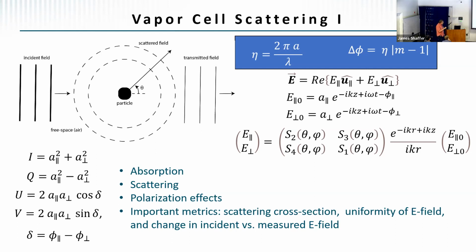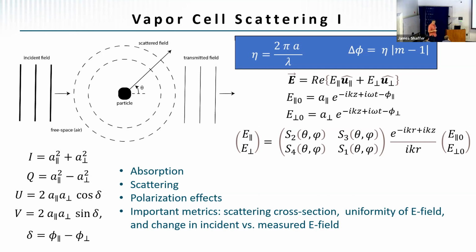And then you would have a scattering matrix that represents the effect of the particle on the plane wave. And if you get these amplitudes, then you also know exactly what the particle does to the polarization of the field as it passes through the particle.